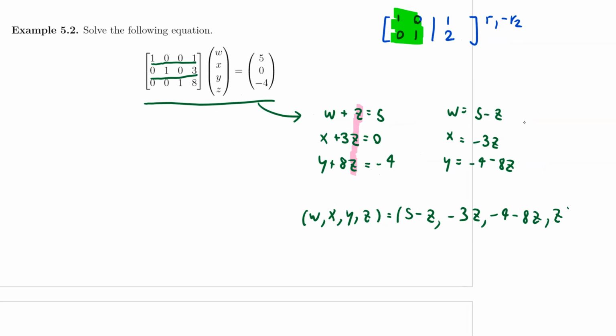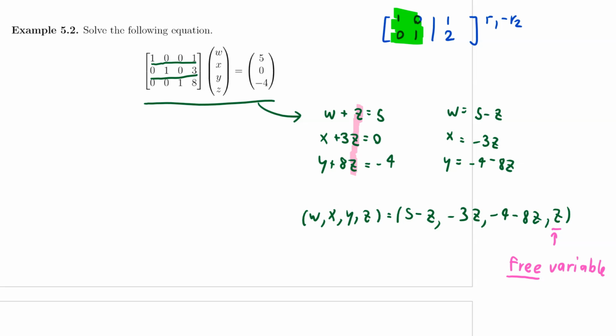The technical term for this z is that it is called a free variable. As the name suggests, it is called a free variable because it is free; it can be anything. It has the freedom to be whatever it wants. But once I have the value for z, I can find the values for w, x, and y.